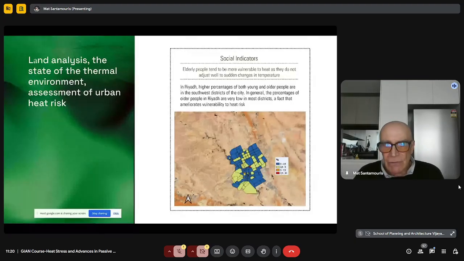In general, the percentages of older people in Riyadh are very low in most districts, a fact that reduces the exposure to heat risk. Riyadh is a city inhabited by younger people. But it's very important to know where people are living and the local characteristics, because this really defines the vulnerability and the heat risk.